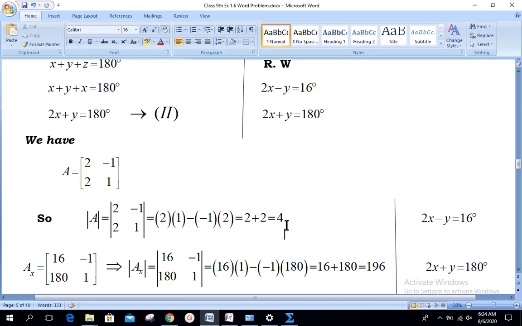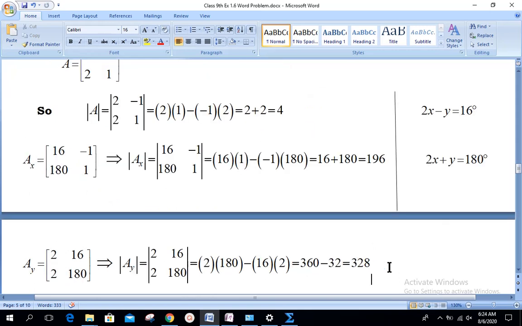My next target is AX. So far the method is clear to you that the right side entries will take the first column's place, that is AX is equal to 16, 180 my first column, minus 1, 1 second column remains the same. Next I calculate the AX determinant on the same pattern. My answer comes 196.